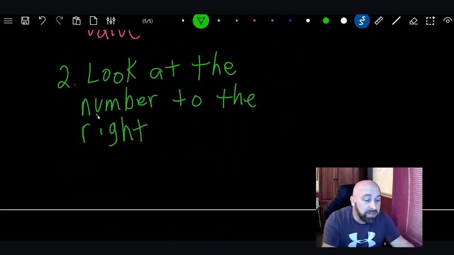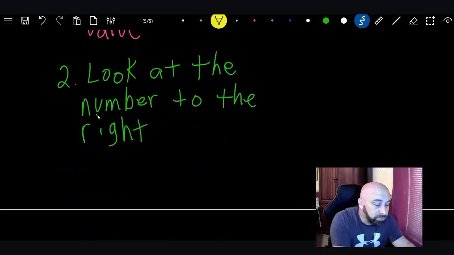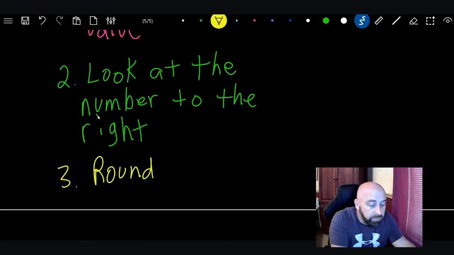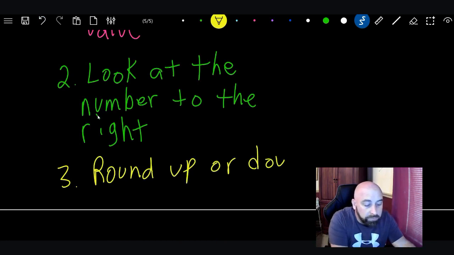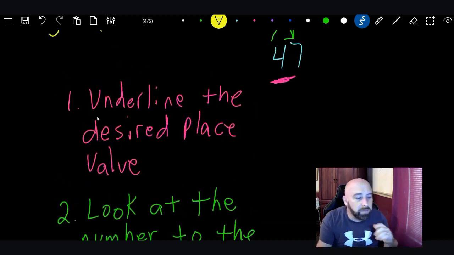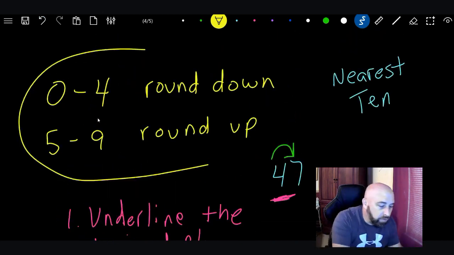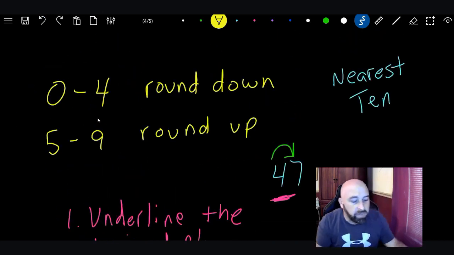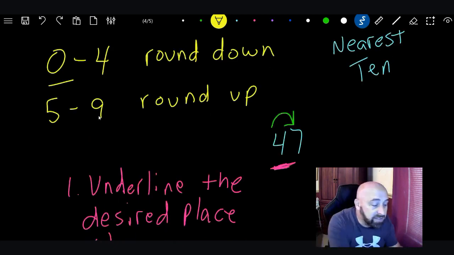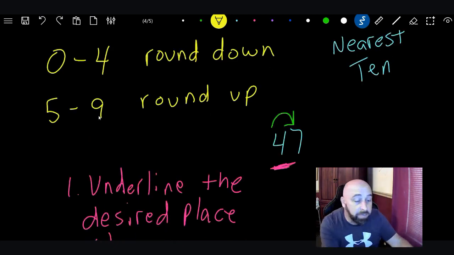After we look to the next door neighbor, we round up or down. What do I mean by that? I'm going to explain. Here's round up or down. Remember, if the neighbor is 0 to 4, we round down.